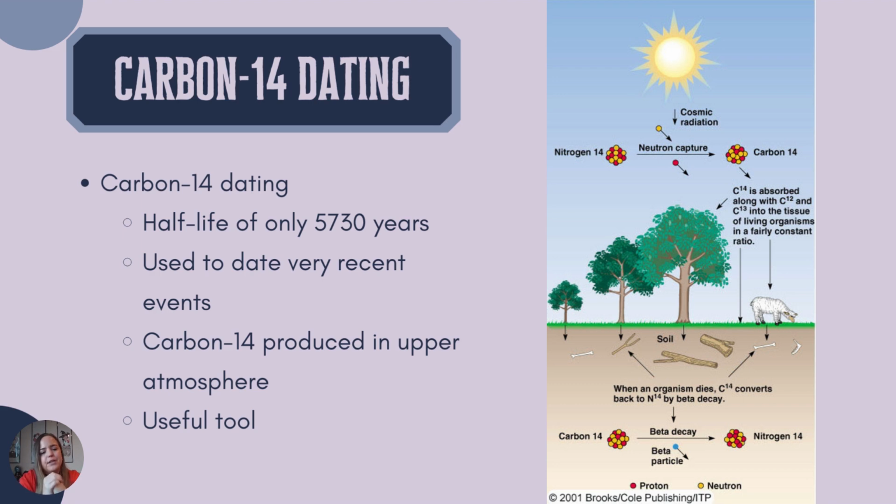The good news is we do have something called carbon-14 dating, and it only has a half-life of about 5,730 years. So we can use this to date really recent events and things that contain carbon, like any kind of plants or animals that have decayed into our soil. When we find really, really old humans, we can use carbon-14 dating to help us date how old that human is.